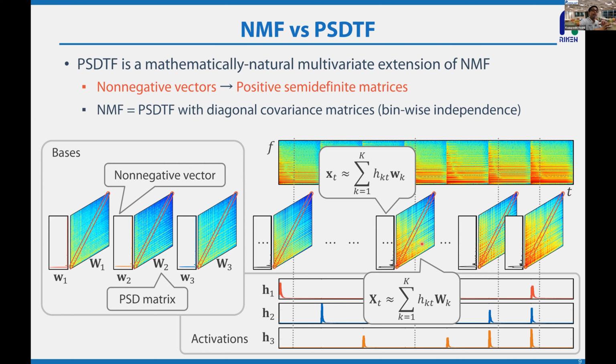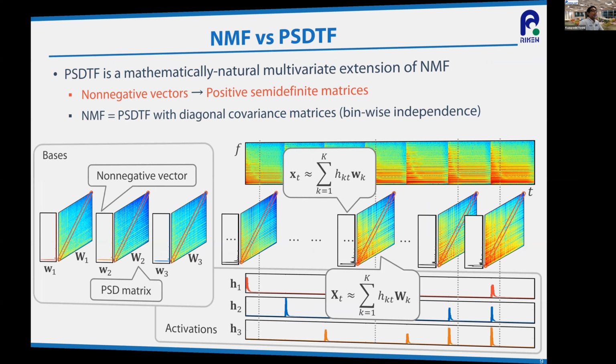If you apply the Fourier transform, all the frequency bins are independent. However, the real-world signal is non-stationary. This means that if you apply the Fourier transform, there must be some covariance structure over the frequency axis. That's why it's very important to consider the frequency domain covariance structure in source separation.